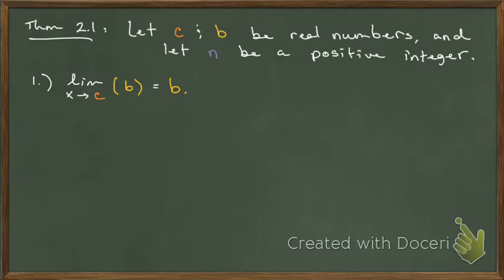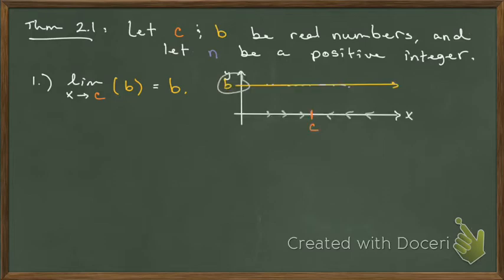I want to see that this makes some sense. I'm going to draw a coordinate axis. The line y equals b is just that horizontal line at the y value of b. So as x approaches c from either side, my function is approaching b. That's all there is to it. It's a constant function. So the limit of a constant is a constant.